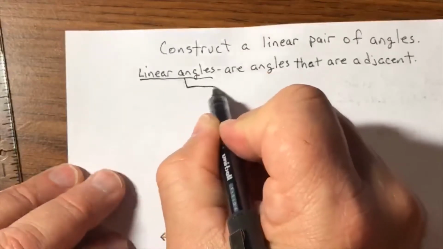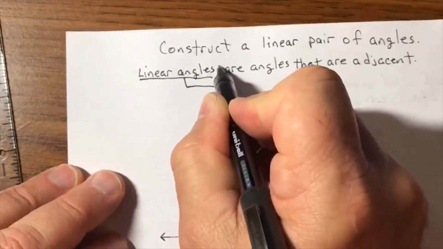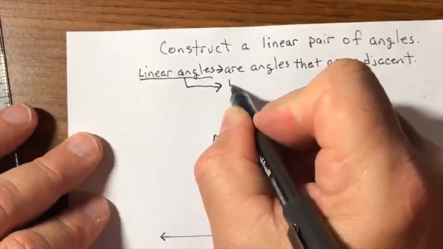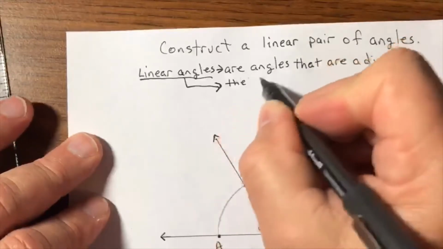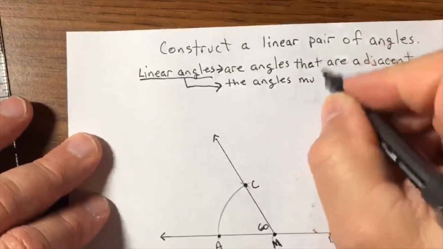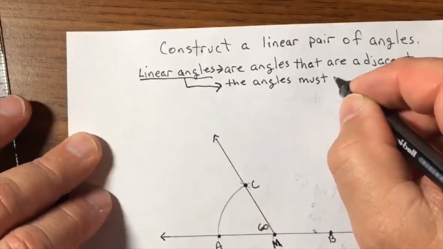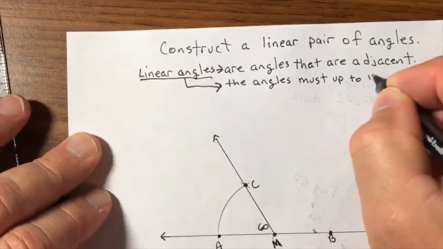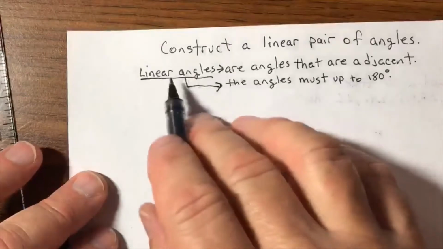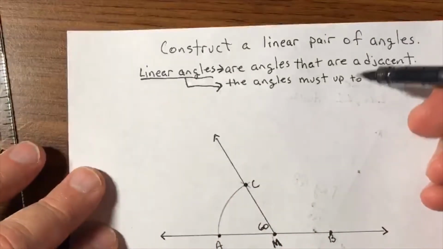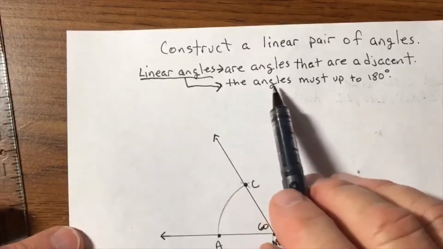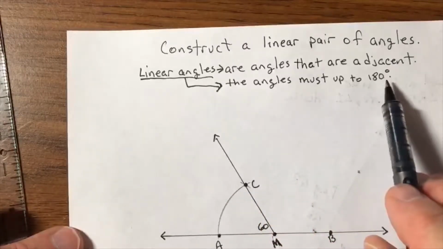We also have to stipulate that the angles must add up to 180 degrees. The angles must add up to be 180 to be linear. Now these two things must be in place: the angles are adjacent and the angles must add up to be 180.